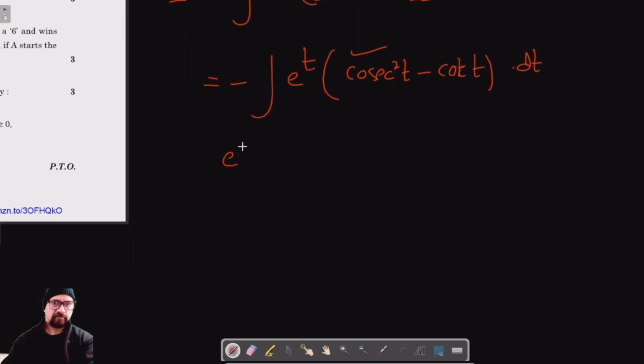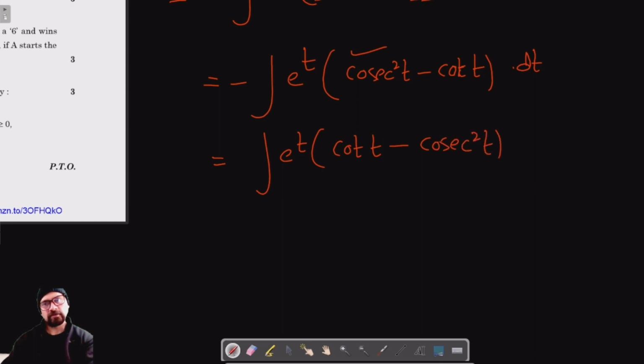Now this is of the form integration of e raised power x into f of x plus, okay, not yet. Let's multiply it with negative. So this gives me e raised power t into cot t minus cosecant square t.